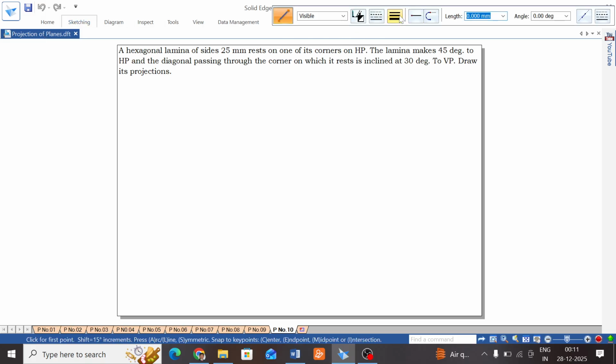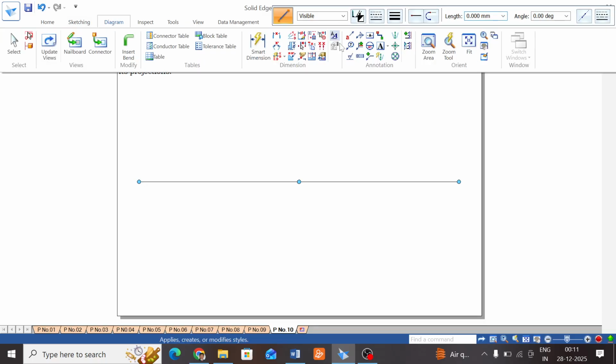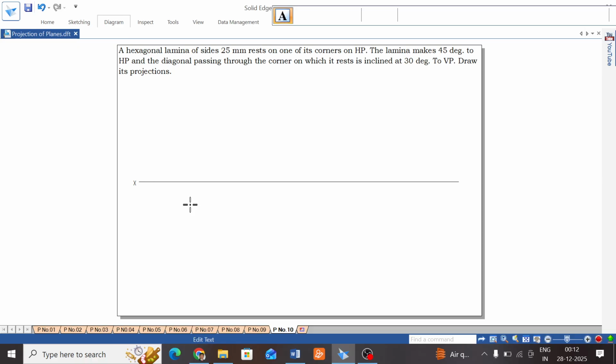Corner case. Before that, write the XY line as a thin line and name it XY, and write FV and HP. All four are capital letters.